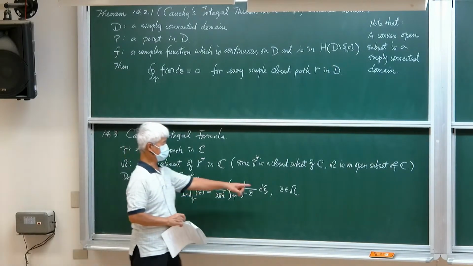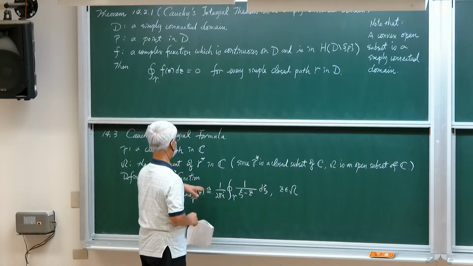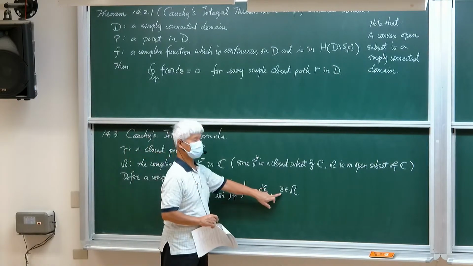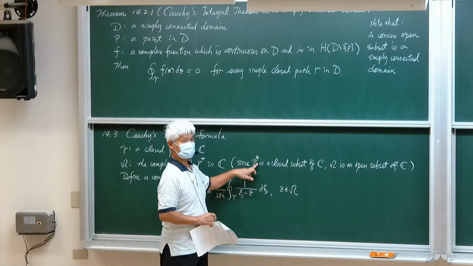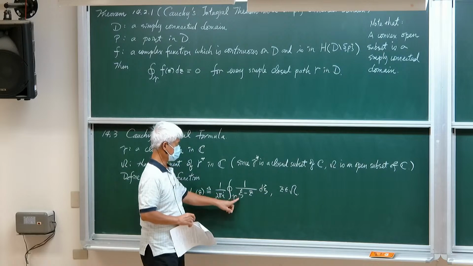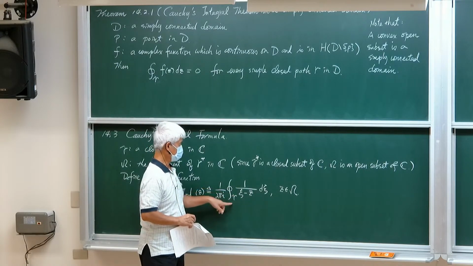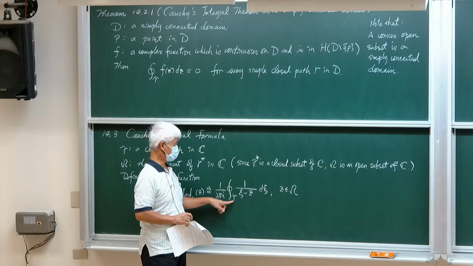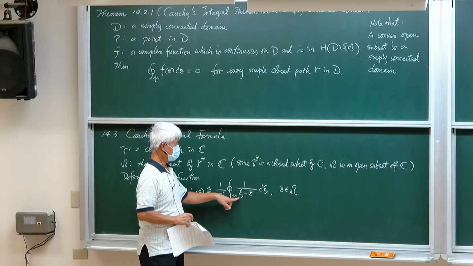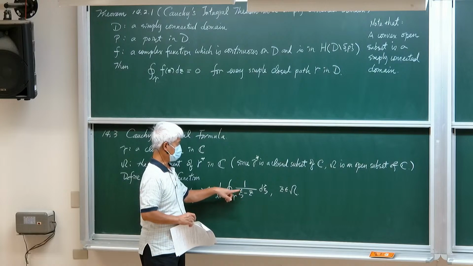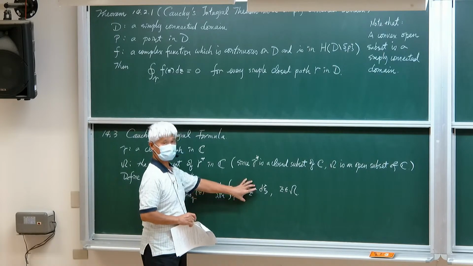Z should be in the complement of gamma star. Why? Because if Z is on gamma star, then if we integrate over the closed path gamma, at some point eta may equal Z, and so this is undefined.